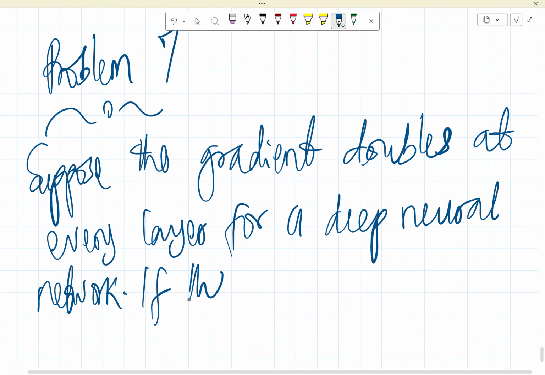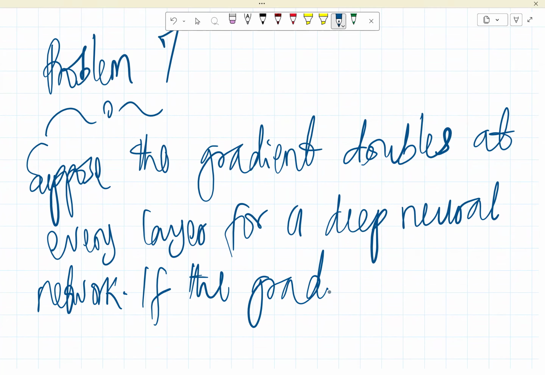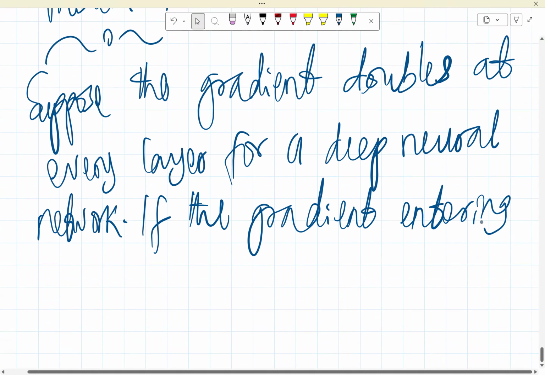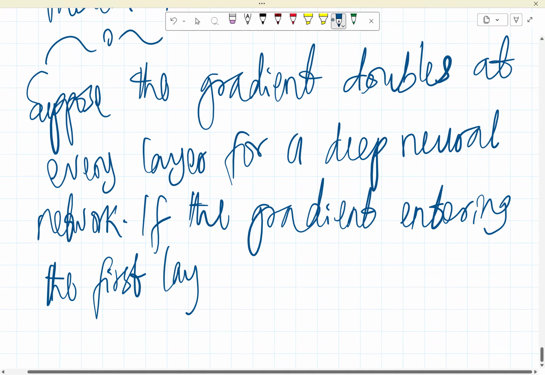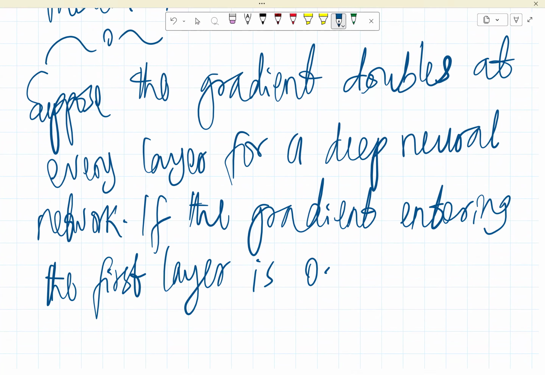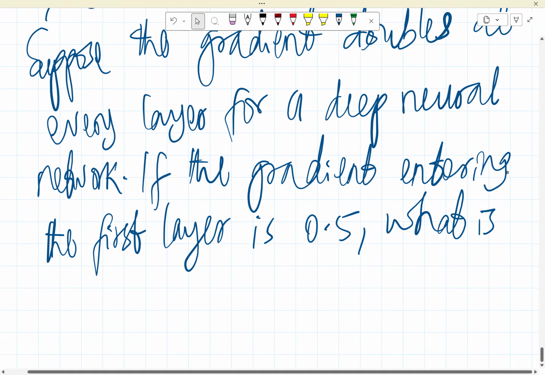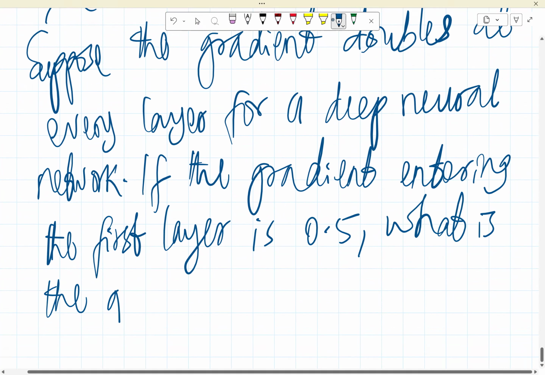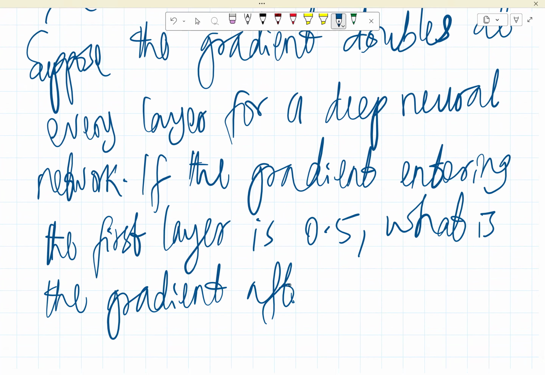If the gradient entering the first layer is 0.5, what is the gradient after 8 layers?